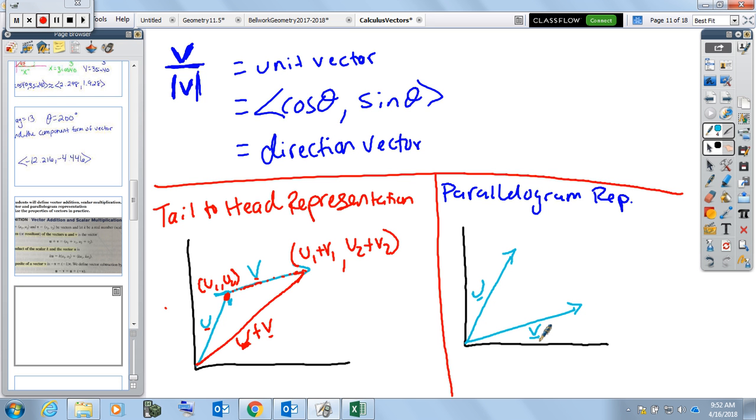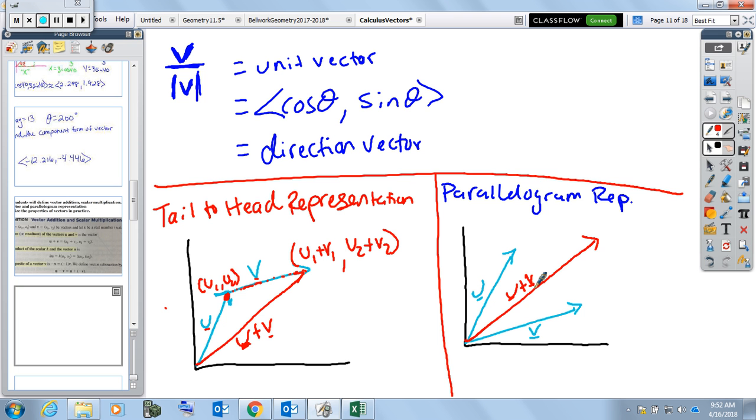Now how do we get a parallelogram representation here? Well, for the sum of u plus v, they both start at the origin. And so the parallelogram representation has to start at the origin as well. And so we get a vector of u plus v in this example.